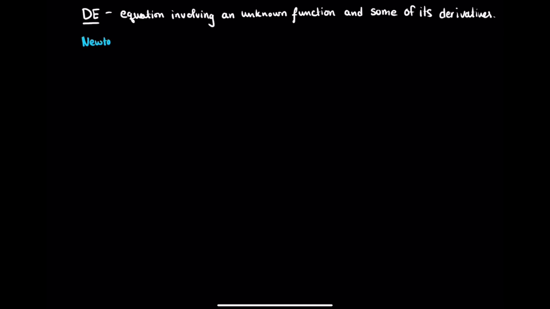It states force equals mass times acceleration. They would give you some unknowns, and then you would solve for the unknown variable. So they'd give you acceleration and force, and then you'd solve for mass or something like that.